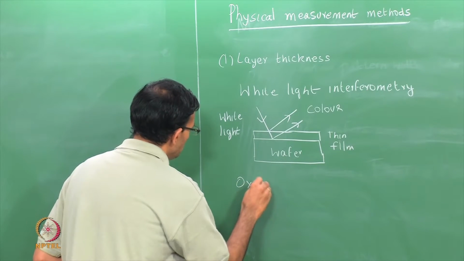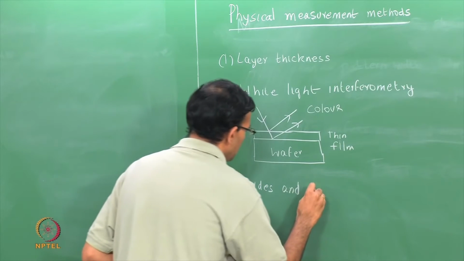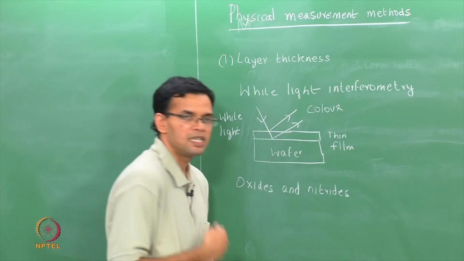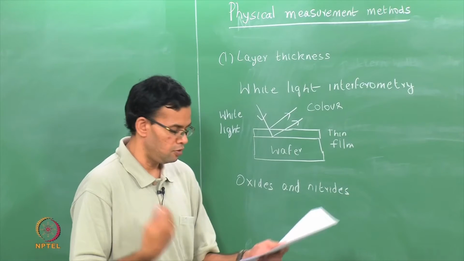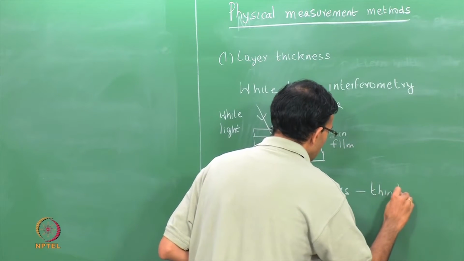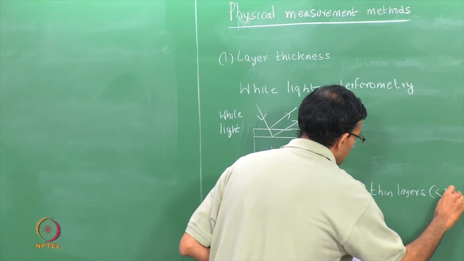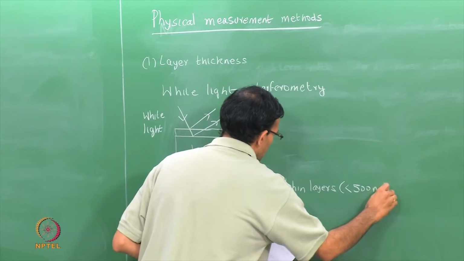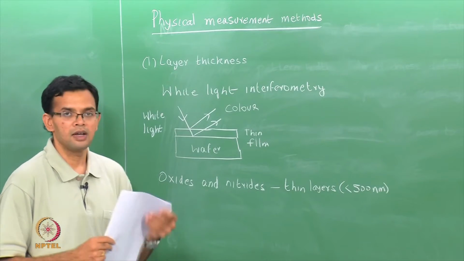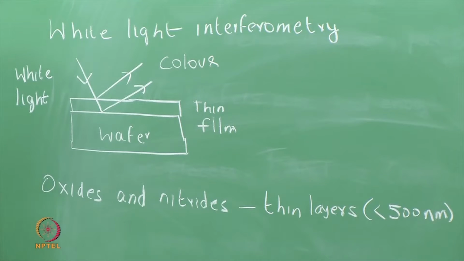It is mainly used for films like oxides and nitrides, where there is no absorption in the visible region, but the band gap is usually in the UV region, and for measuring thin layers, typically less than 500 nanometers. The color in the case of white light interferometry depends upon the film.